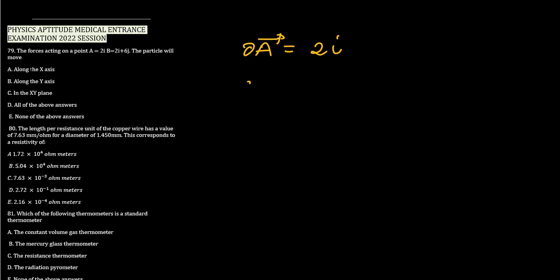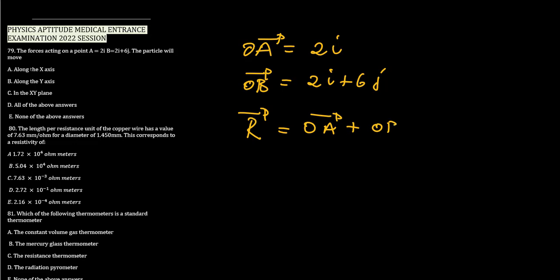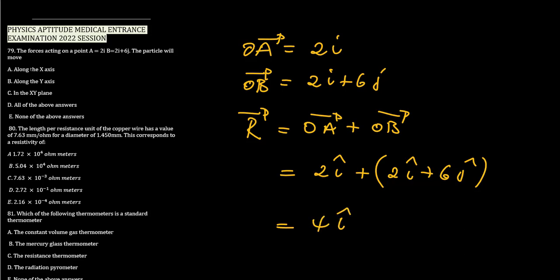Vector B, relative to the origin, is given by 2i plus 6j, and so the resultant of these vectors, and we call it R, will simply be vector OA plus vector OB, and so this gives 2i plus 2i plus 6j. So simplifying, we get 4i plus 6j.